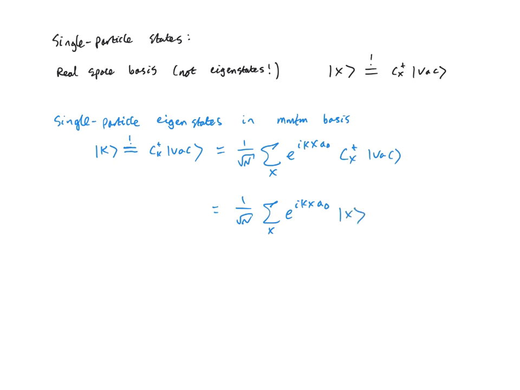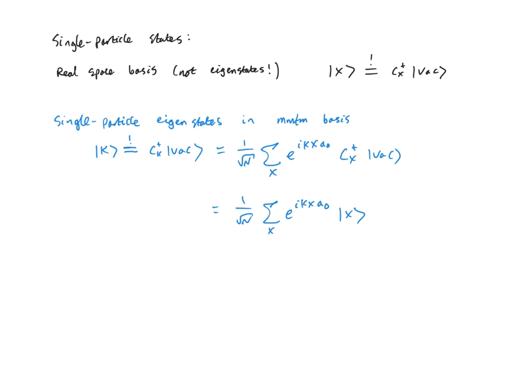So what this tells you is that a given single particle eigenstate labelled by a momentum k can be understood just in terms of a linear combination, a linear superposition if you like, of these x states. And the amplitude, the coefficient which tells you about the expansion of a state k in the real space basis x, is precisely these Fourier coefficients.